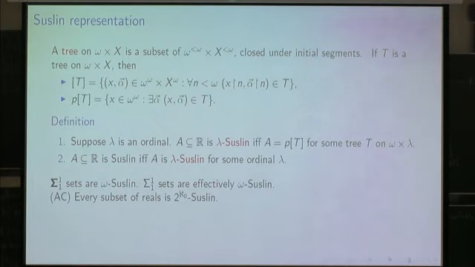This can be taken as one of the definitions of boldface Sigma^1_1, and for lightface Sigma^1_1 sets, they are omega-Suslin, and the tree that projects to the lightface Sigma^1_1 set is effective. So this is the effective version of Suslinness.